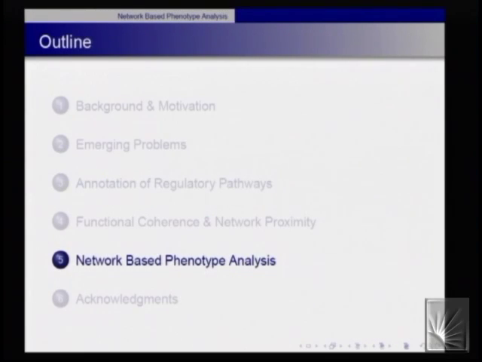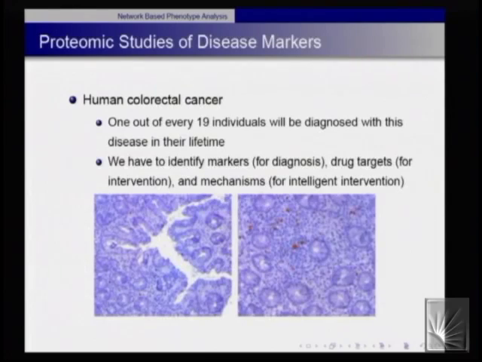So then where do we go with this? How can we use all this to really discover novel biological information? I will briefly try to explain what we are doing right now with the Case Center for Proteomics. So they are working on human colorectal cancer, and it is a very common disease.